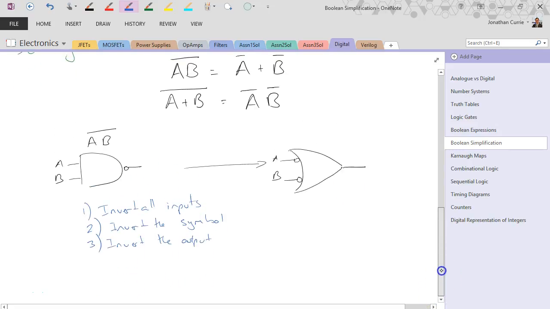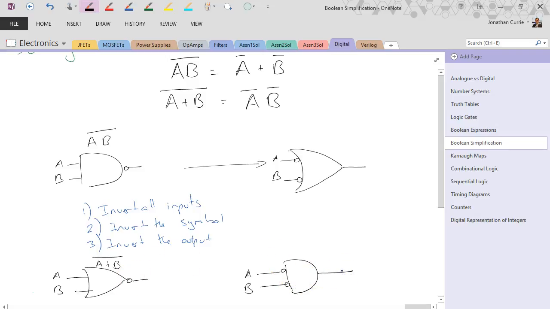So let's see how it works for the NOR gate example. This is the same as, in Boolean algebra, NOT (A OR B), the invert of A OR B. Alright, so first thing is invert the inputs, then invert the symbol, OR goes to AND, and then invert the output.